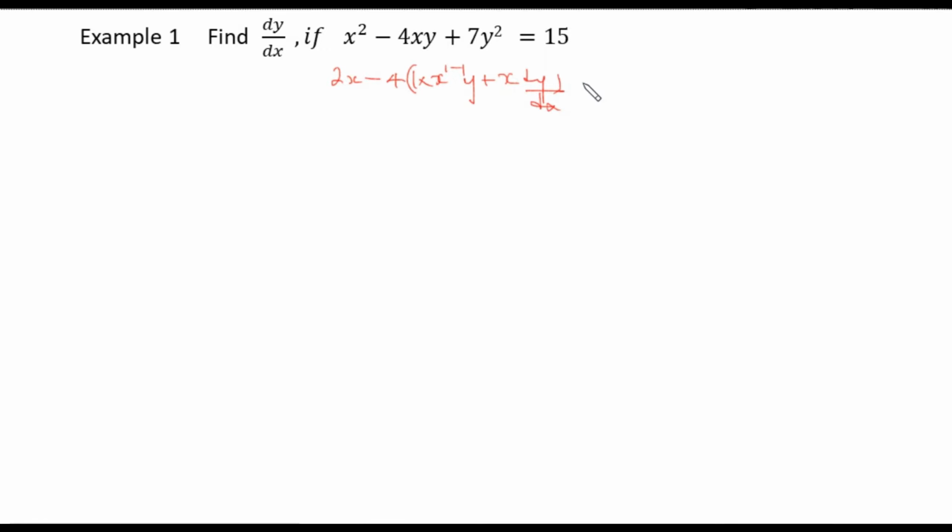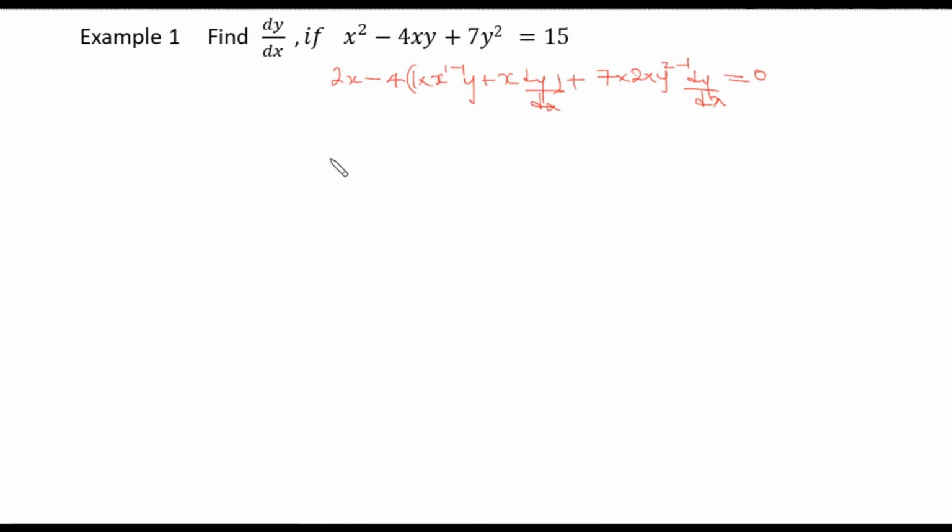Check the rules. So let's go to this one, plus 7y squared. So 2 times 7 times y, 2 times y, and then y to the power 2 minus 1. Remember, whenever you differentiate y, you write dy dx, and then differentiating 15, this becomes 0.